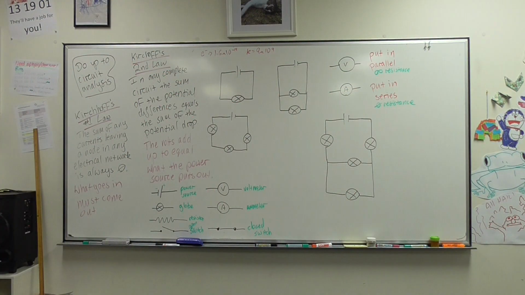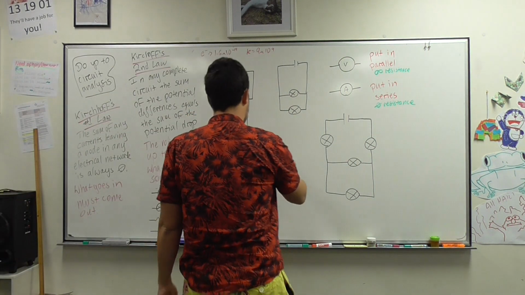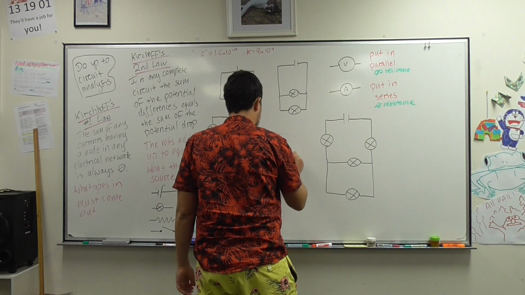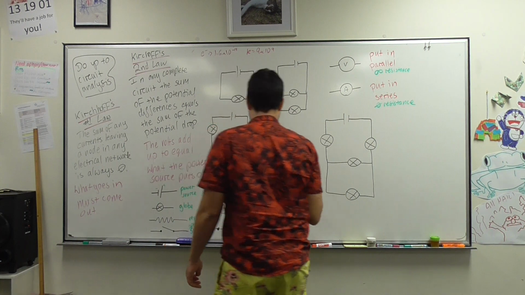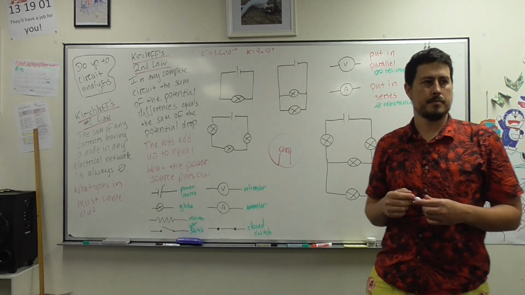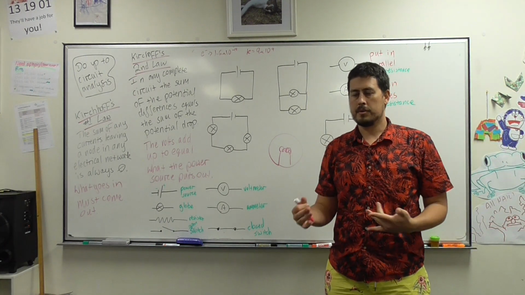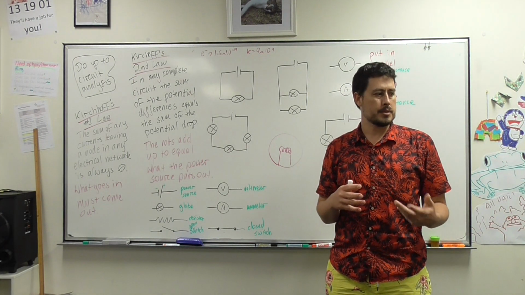And that's because a globe is simply a piece of tungsten filament wire sitting across two terminals. So it's resistance wire, and when the electrons flow through it, they collide with the tungsten particles.